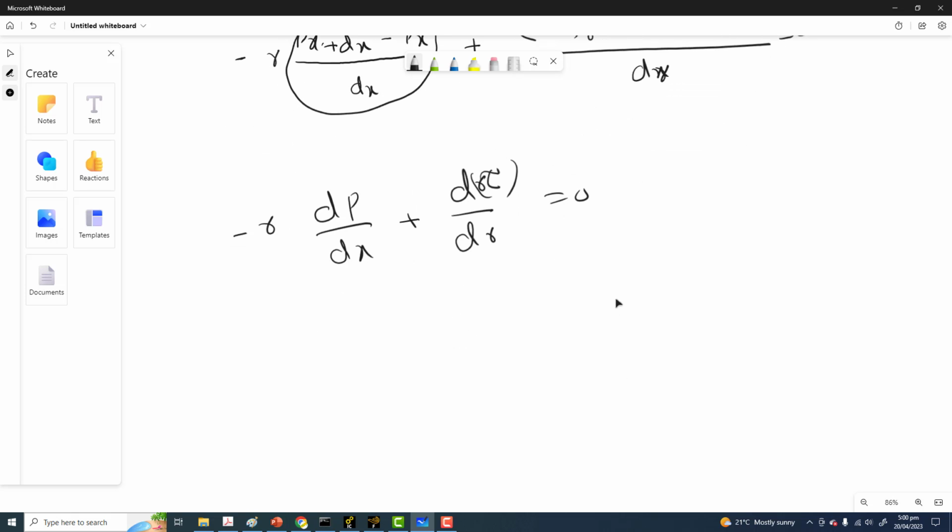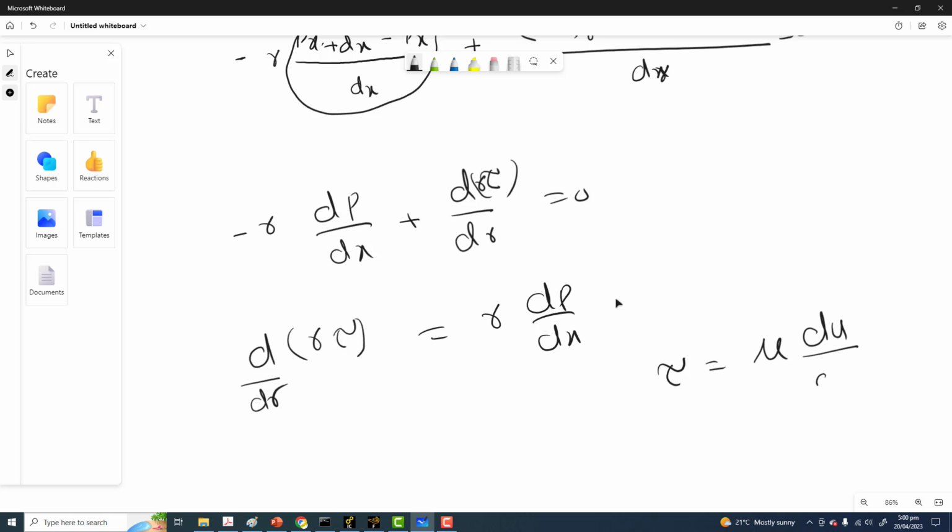Okay, so now we have this equation, so I can write this as d/dr(r τ) = r dp/dx. Now we know that shear stress is equal to the dynamic viscosity μ times du/dr.